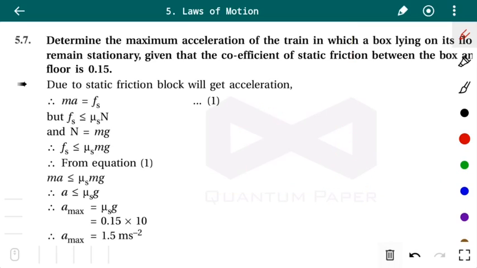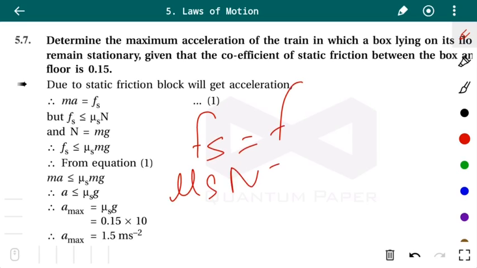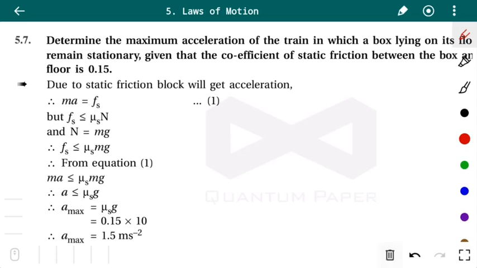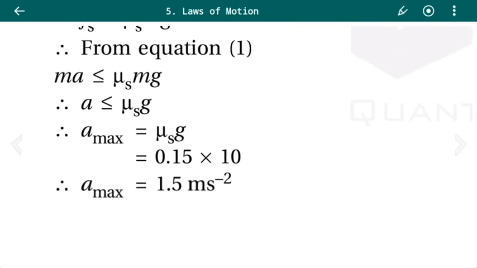So Fs equals to F, that is mu s N equals to ma, so mu s mg equals to ma. m gets cancelled, we have mu s g equals to a, that is the maximum acceleration. So a max equals to mu s g.